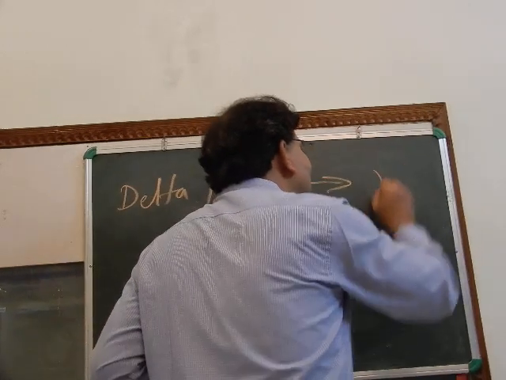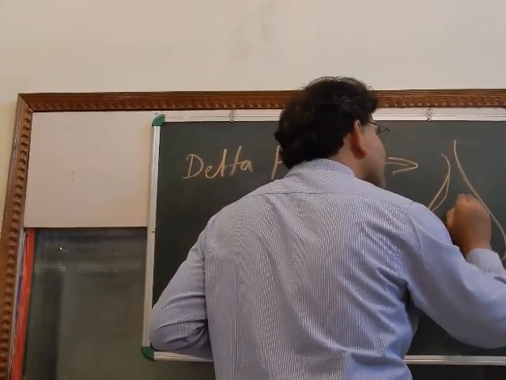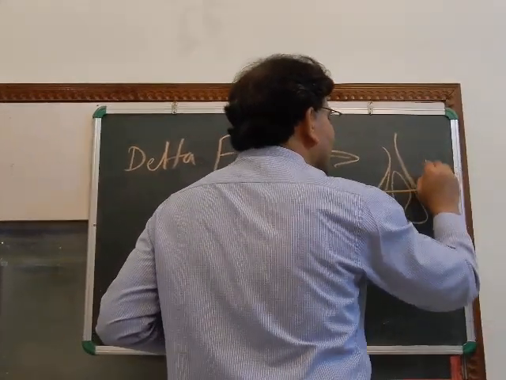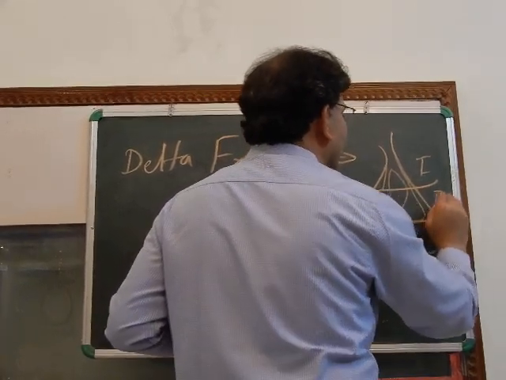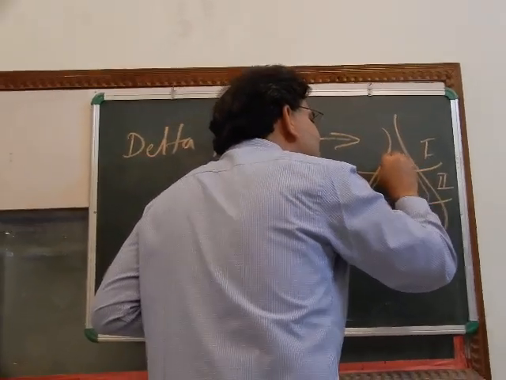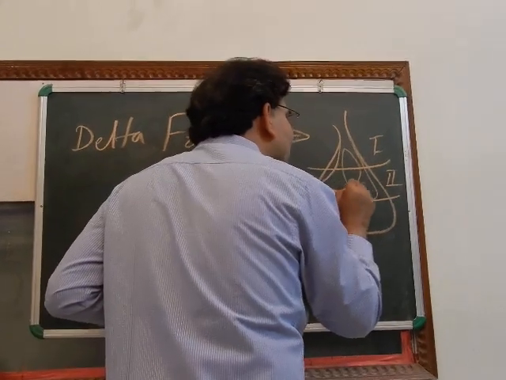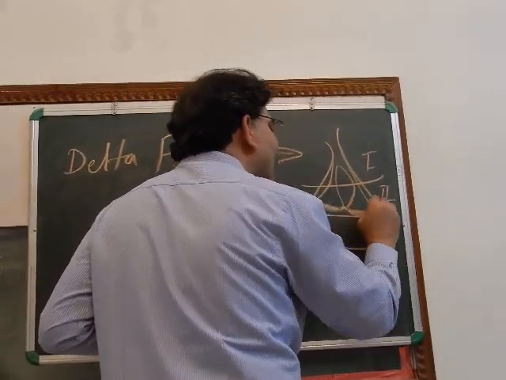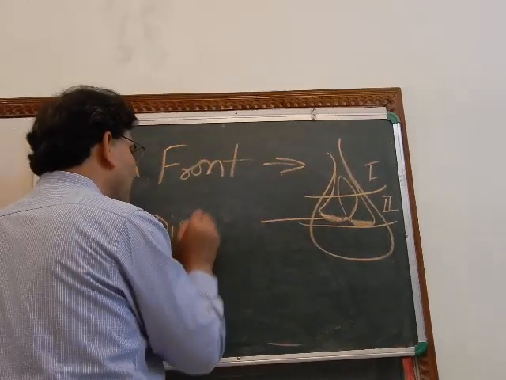If this is the delta and these are the distributaries, this is the first part and this is the second part, the foreset. The sediments are deposited at the mouth of every distributary, and these sediments are known as the distributary mouth bar.